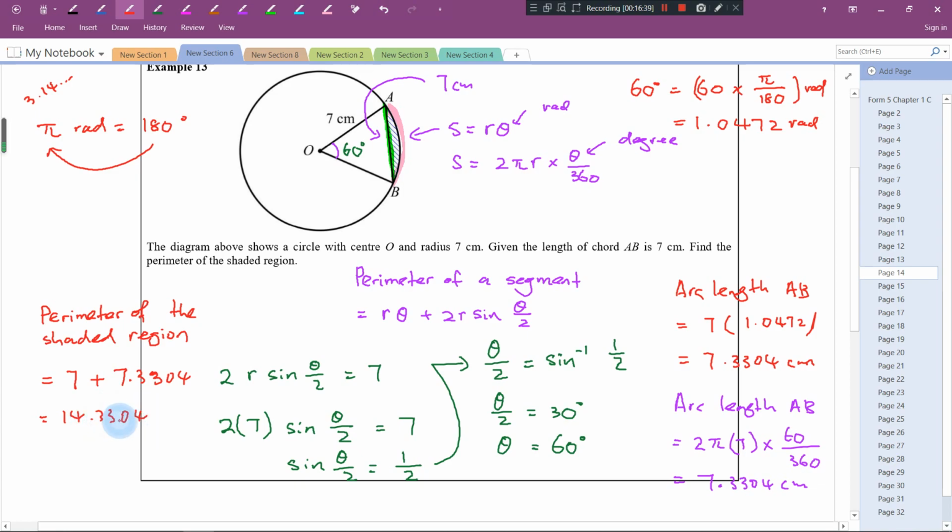So actually you don't have to give so many decimal places. You can just round it off to 4 significant figures, which is 14.33.